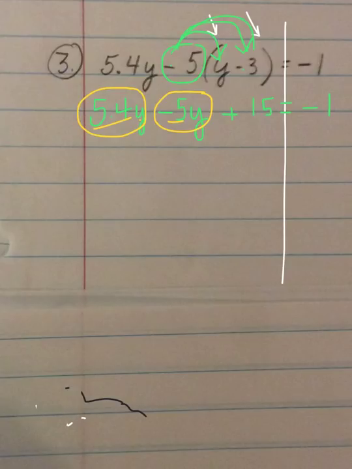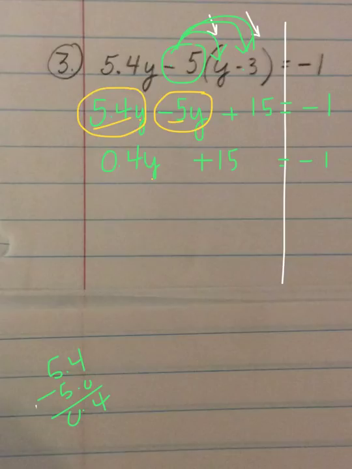So 5.4 minus 5, that's 0.4. So that's going to be 0.4y plus 15 equals a negative 1.